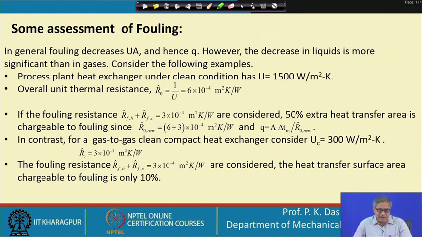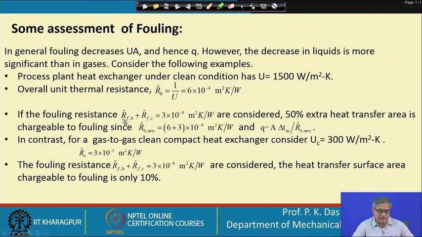Let us take an example. A process plant heat exchanger under clean condition has U equal to 1500 watt per meter square Kelvin. Overall unit thermal resistance, that is R0, is 1 by U, that is 6 into 10 to the power minus 4 meter square Kelvin per watt. So, we have got the overall resistance for this particular application.